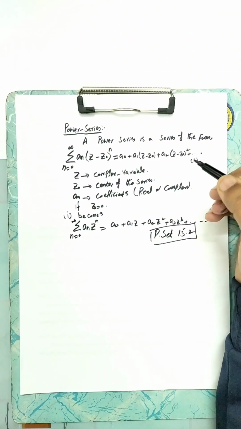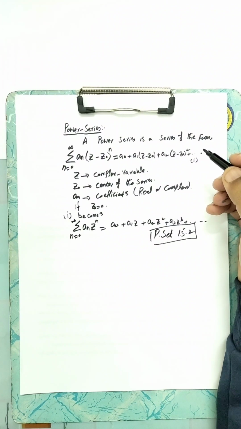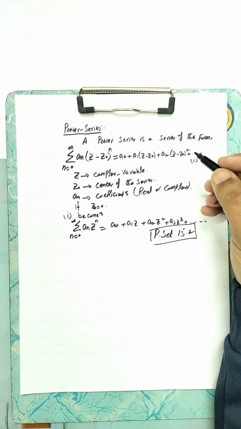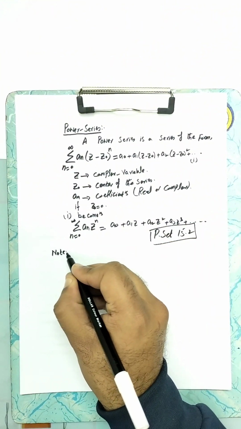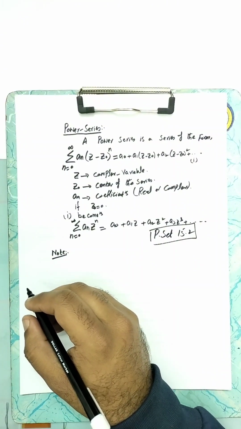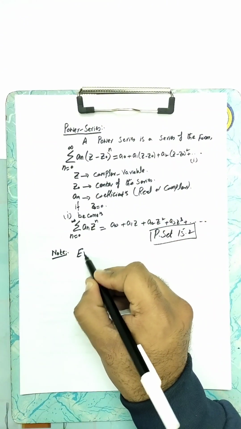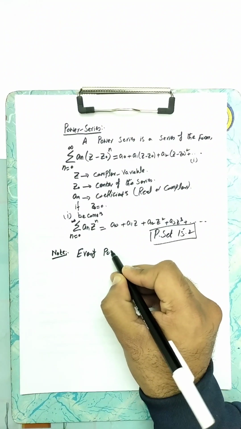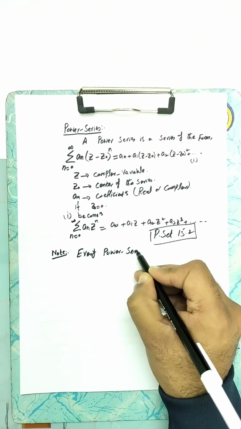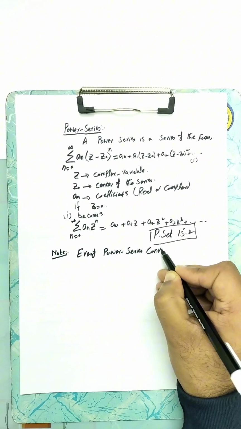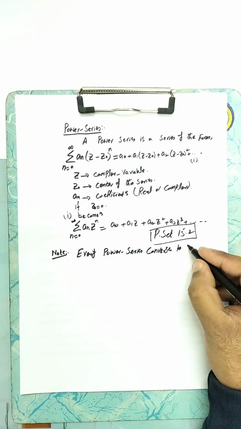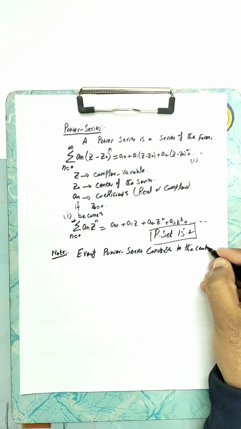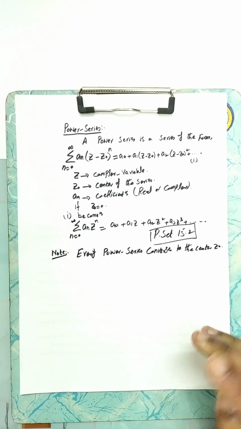In exercise or problem set 15.2, we check the convergence of power series and the radius of convergence of power series. So we have a note, and that note is: every power series converges at the center z naught.